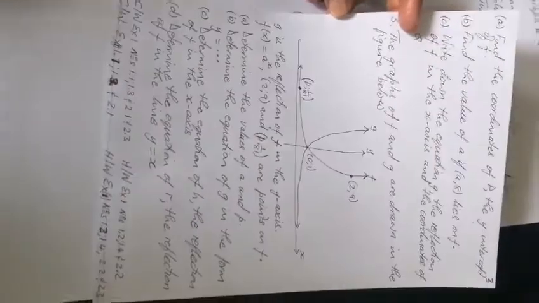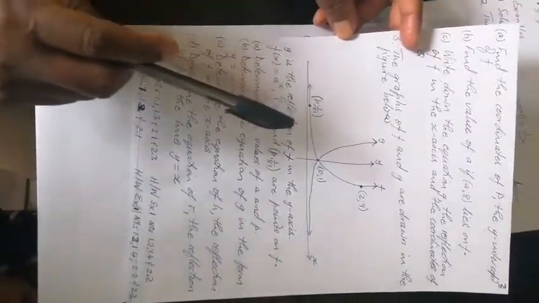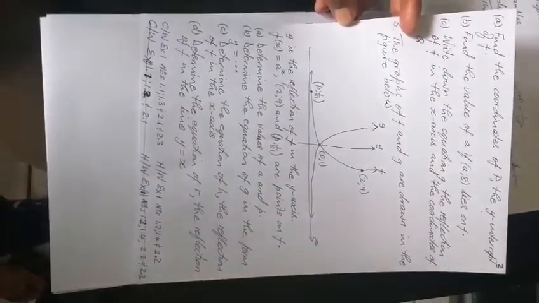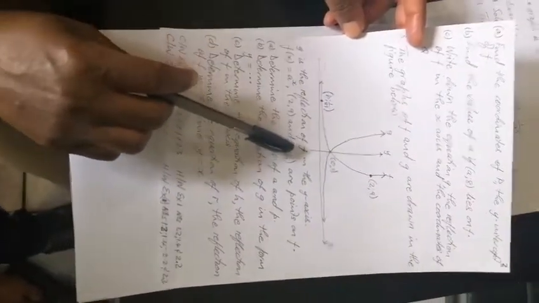Our last example in this case will be example number 3. We are given a graph. Here is the graph. The graphs of F and G are shown in the figure below. We can see the two graphs. G is the reflection of F in the y-axis.